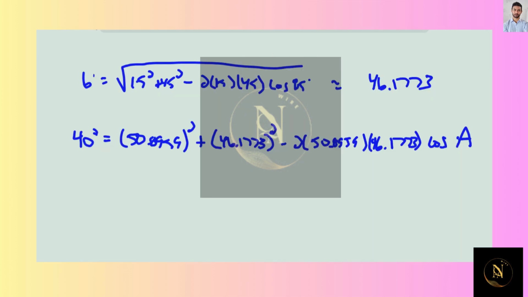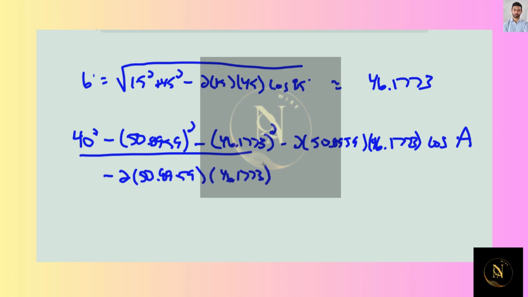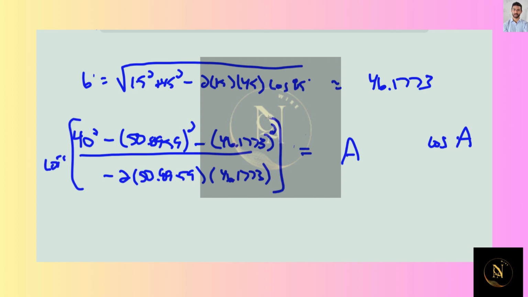So we'll have subtracted, and then divide so that we're equal to the cosine of A. And so then angle A would be equal to the inverse cosine of all of that.